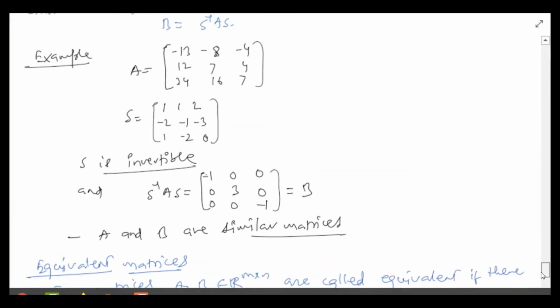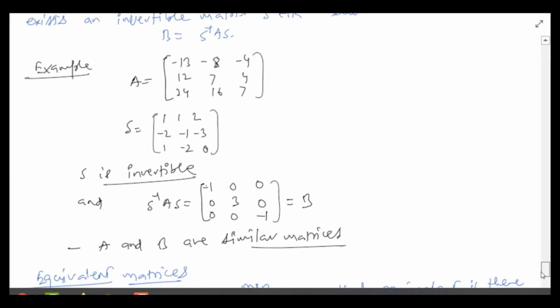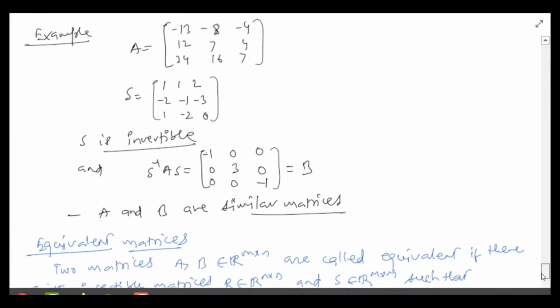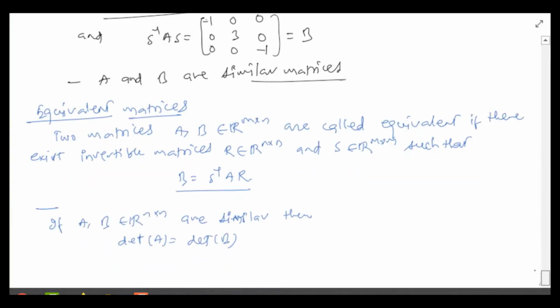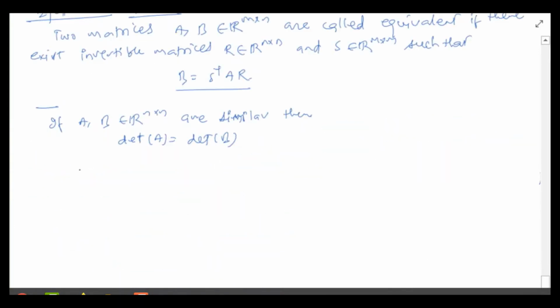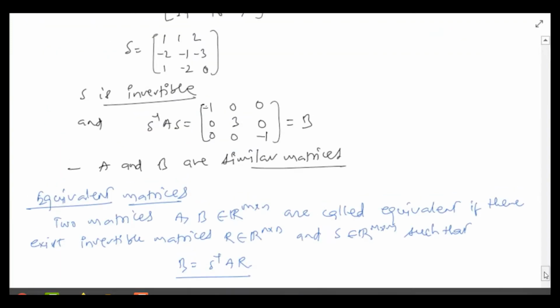For instance, if you look at the above example, determinant of A is somewhat involved to calculate, but we can readily see that determinant of B, which is a diagonal matrix, and so both upper triangular and lower triangular, is the product of its diagonal elements, so it is minus 1 into 3 into minus 1, which is 3.